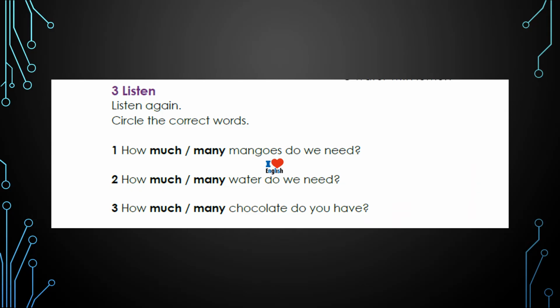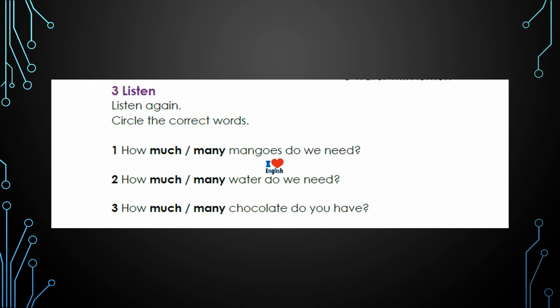Now we are going to listen again, and this time we are going to circle the correct words. How much or many mangoes do we need? If you want to ask about mangoes, which expression should we choose? Much or many? Number 2, how much or many water do we need?